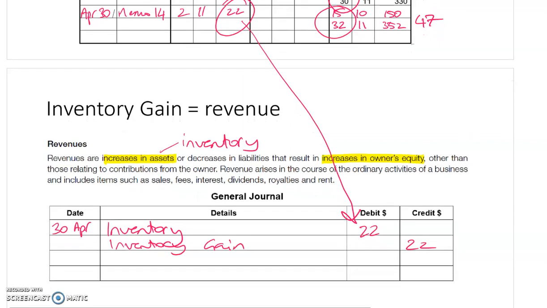So we then need to record, we'll include a narration, so we'll give as much detail as possible. So 47 units counted, 45 initially in inventory card.